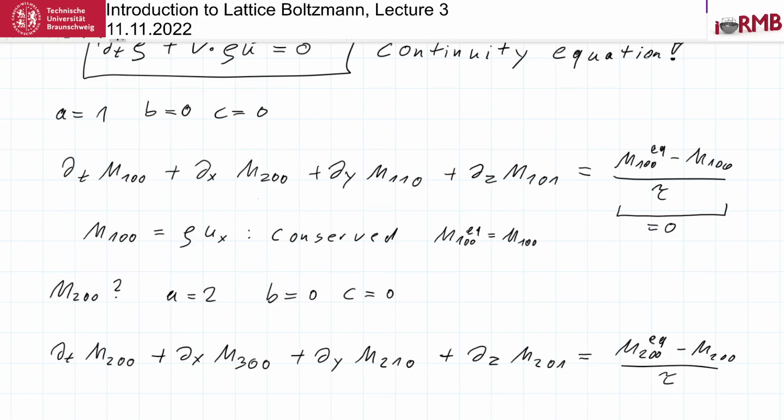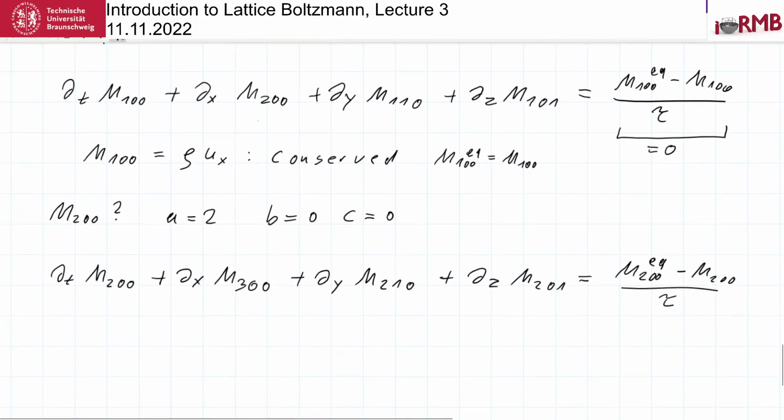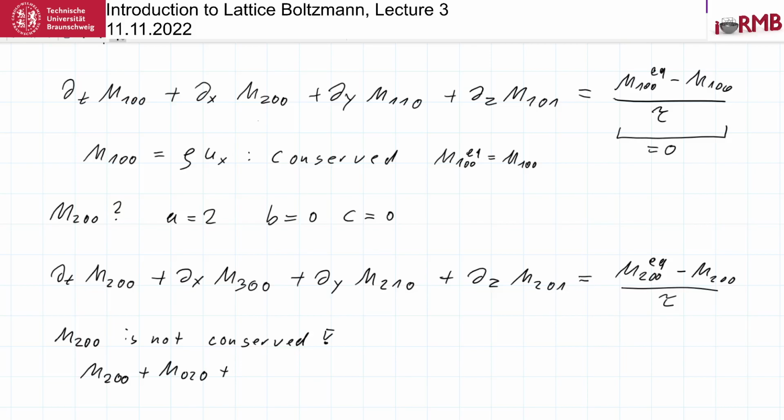So now m200. We learned last time that this is related to energy, so we could assume that this is conserved. However, actually, this is not the case. m200 is not conserved. What is conserved is m200 plus m020 plus m002.